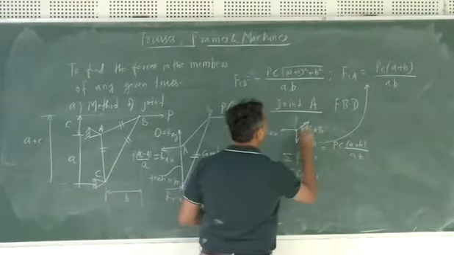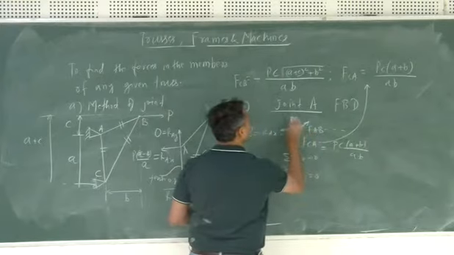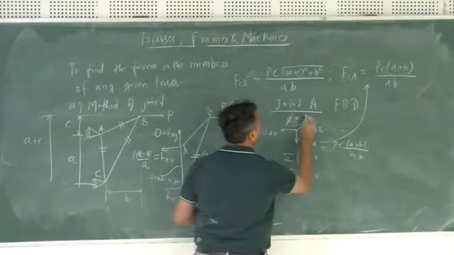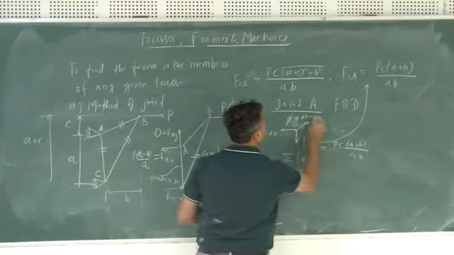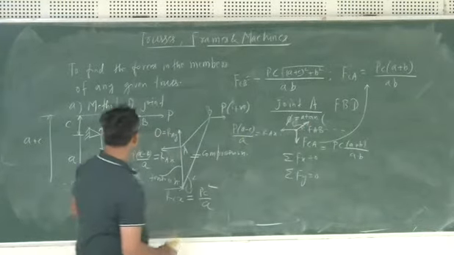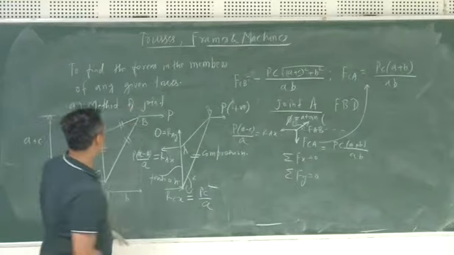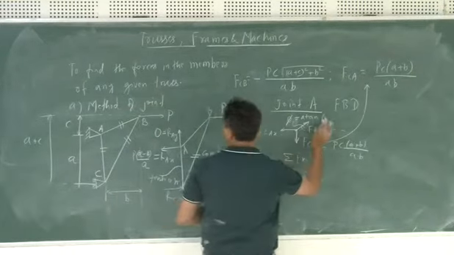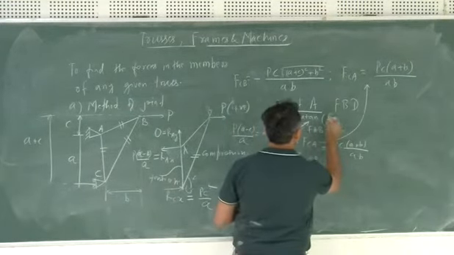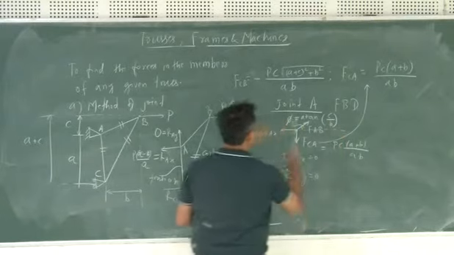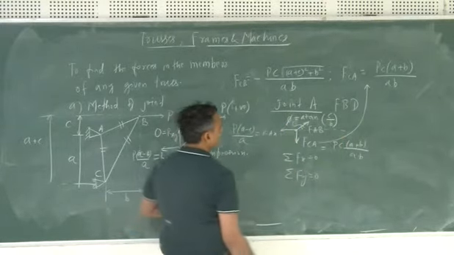First of all, let us call this angle phi. What is this particular distance? This particular distance is C, and this particular distance is B. So phi will be given by C by B.